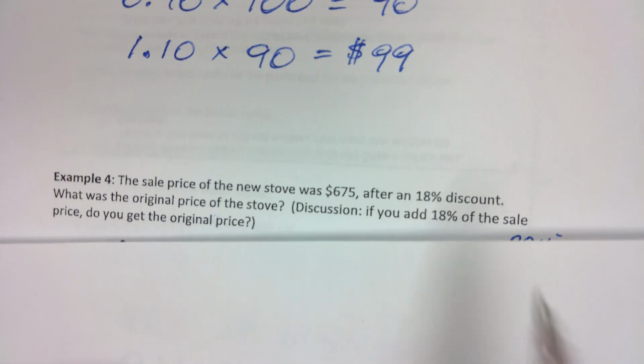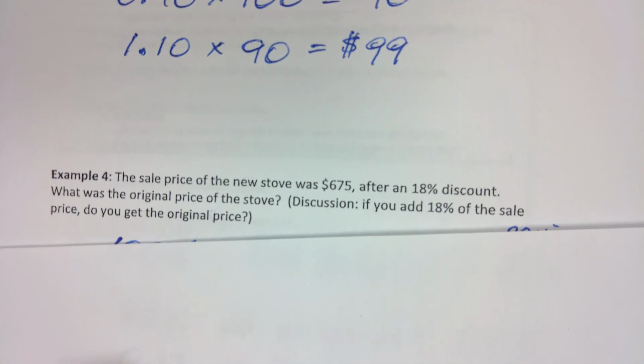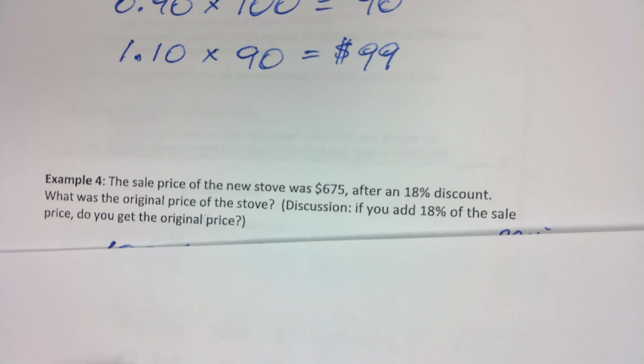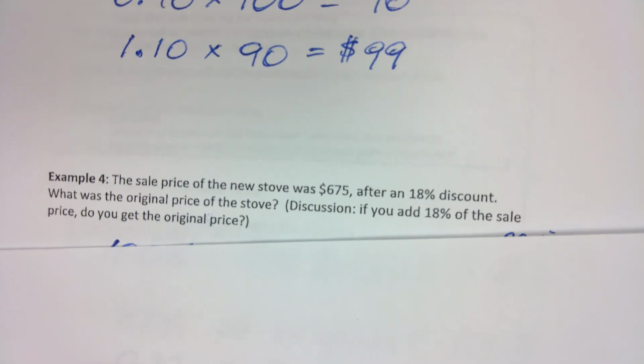Okay, so how can I solve it? Derek, you want to explain how to solve this one? I did a long way. Okay, doesn't matter. I like the long way. I divided by, you get 1%, multiply that by 18, and add it to the original one, and added it to 675.